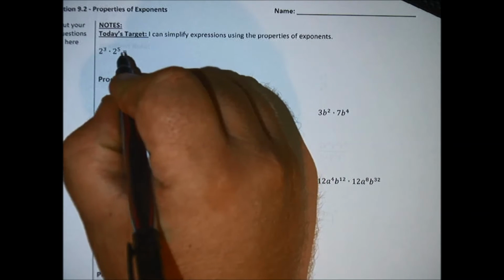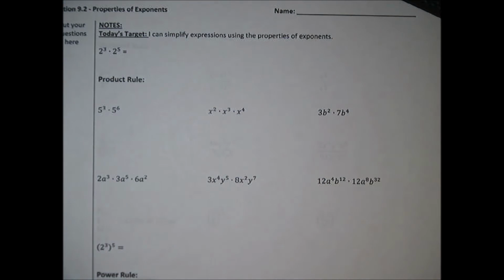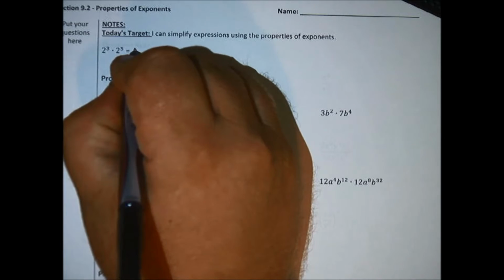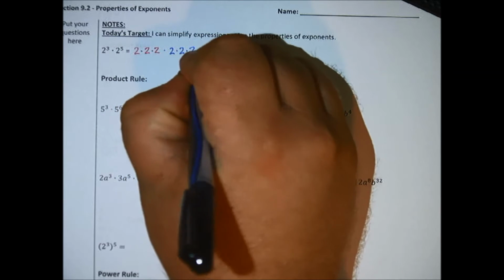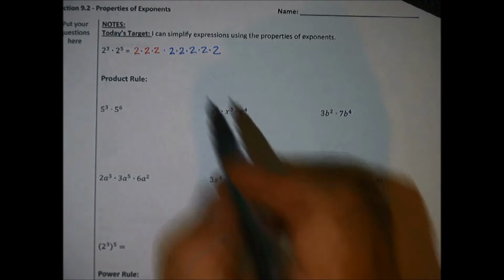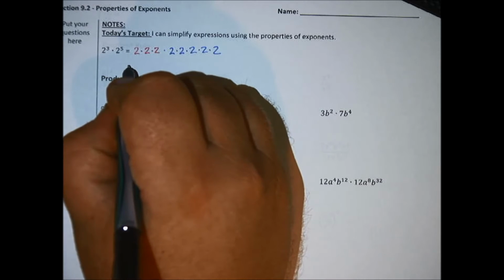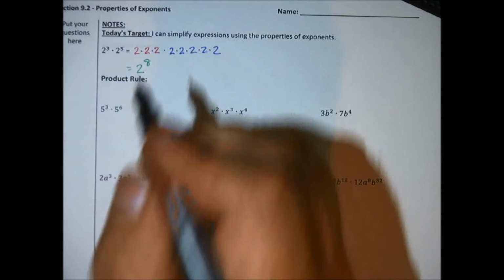When we have 2 to the third times 2 to the fifth, what that ends up being is 2 times 2 times 2, and then we multiply that by 5 more. So we get 3 there, 5 there. 3 plus 5 is 8, so we get 2 to the 8th power.